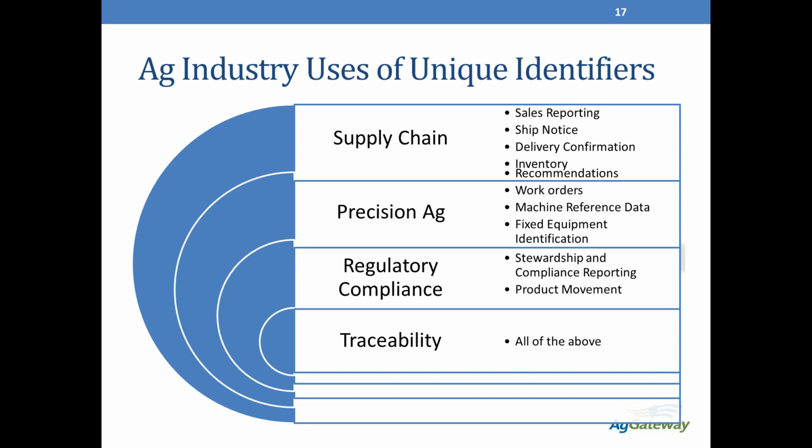GS1 and AgGateway work together where AGIIS uses generic prefixes to assign individual global location numbers to these entities. Now, this effort has allowed us to expand the promotion of unique identifiers and to get all individuals on board with that.